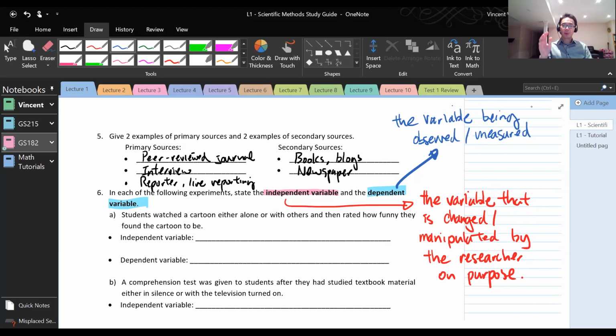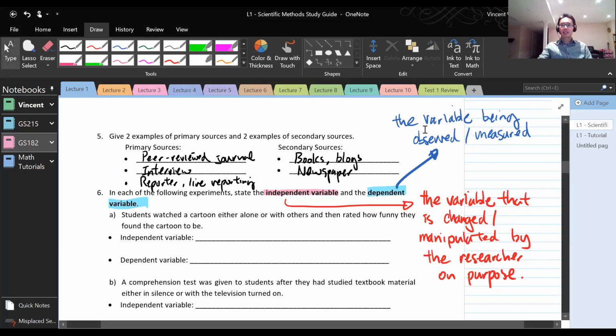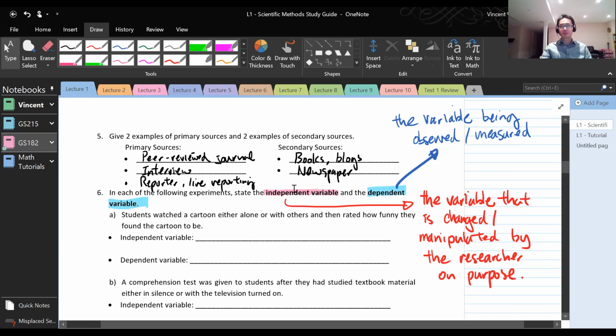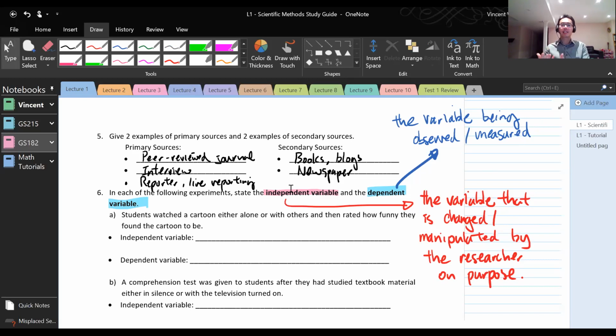The point of an experiment is to determine whether or not changes in the independent variable will have any effect on the dependent variable. So by changing the independent variable, you want to see if the outcome, the dependent variable, will be affected.